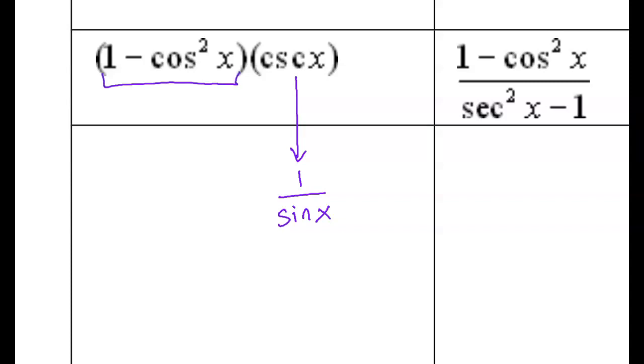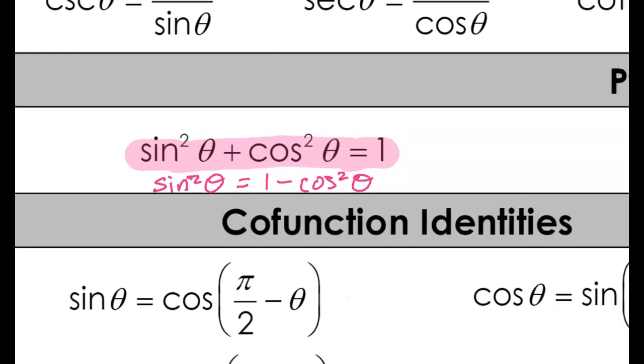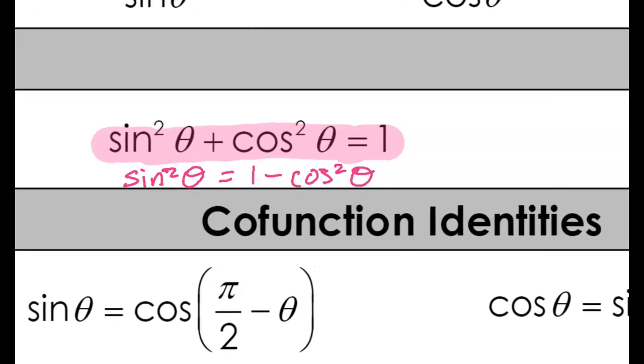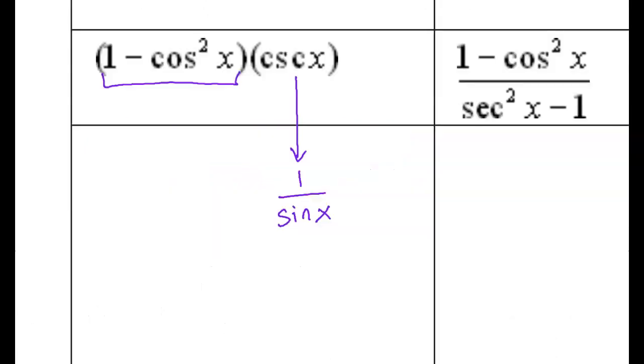I remember 1 minus cosine squared of theta is equal to sine squared of theta. So I can replace this entire thing with sine squared of theta. I'm sorry, x.